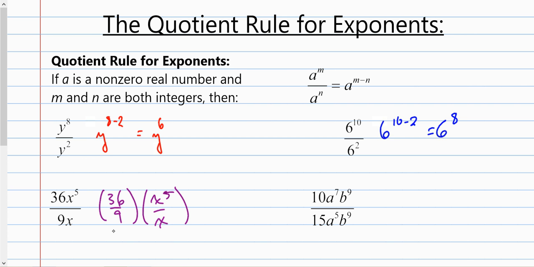This 36 over 9 you can know automatically is a 4, but this one I would like to see, this is x to the 5 minus 1, which gives me a 4. I started writing my x, a 4x to the 4th as a final answer.